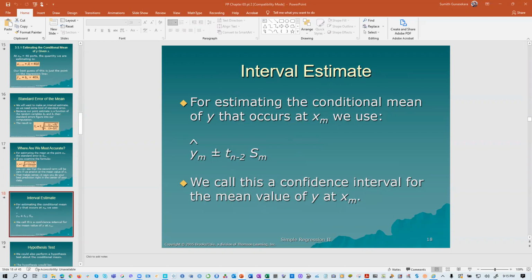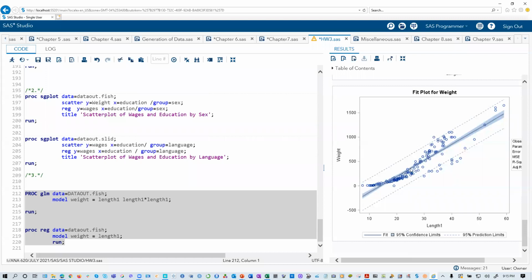That's the small bar we can see over here. But instead of that, you may want a prediction. For a given length, you can predict the weight, or you can estimate the average weight for each and every length.